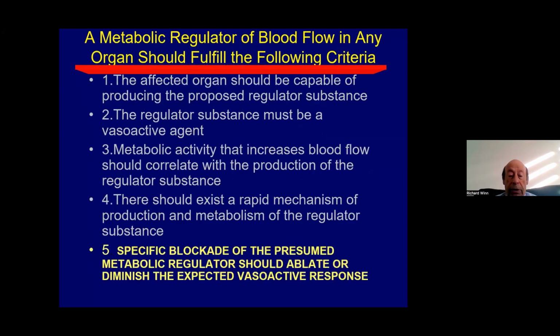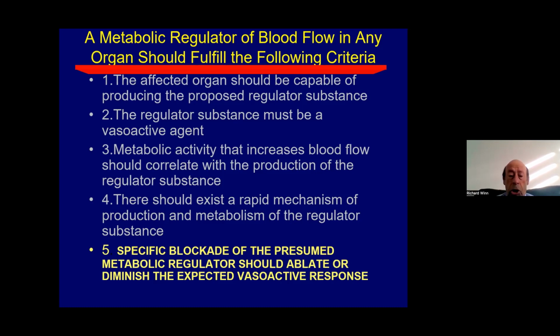Here's the fifth criterion, and that is specific blockade of the presumed metabolic regulator should ablate or diminish the expected vasoactive response. And also something that would accentuate the amount of adenosine should increase flow.